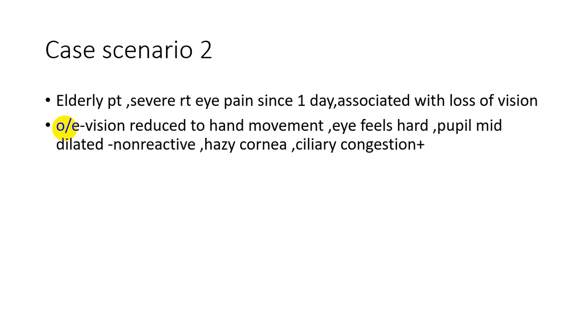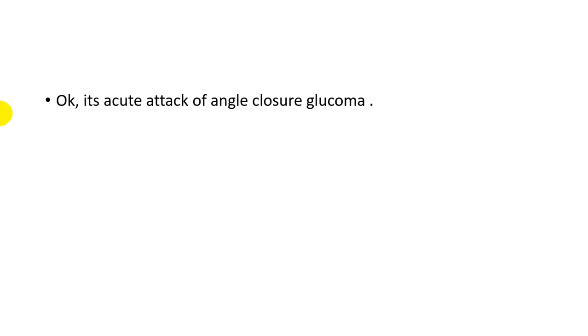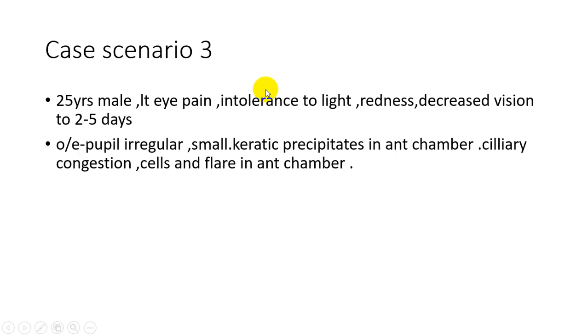Case scenario 2: an elderly patient with severe right eye pain since one day associated with loss of vision. On examination, vision is reduced to hand movement, the eye feels hard, the pupil is dilated and non-reactive, hazy cornea, ciliary congestion is there. So it is acute angle closure glaucoma.